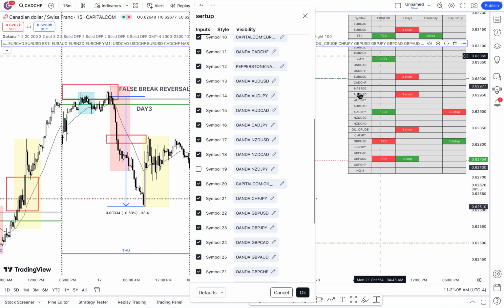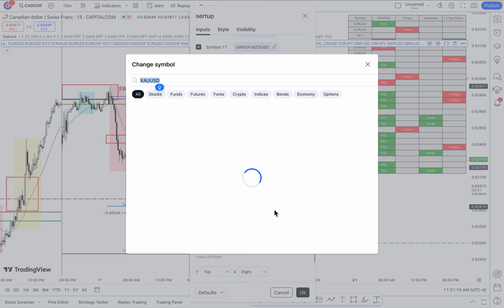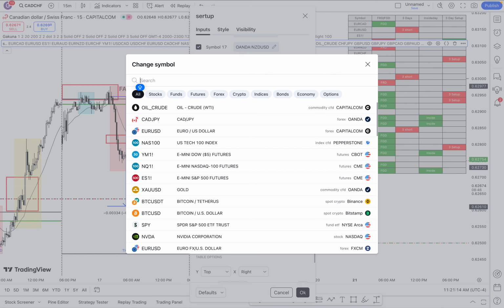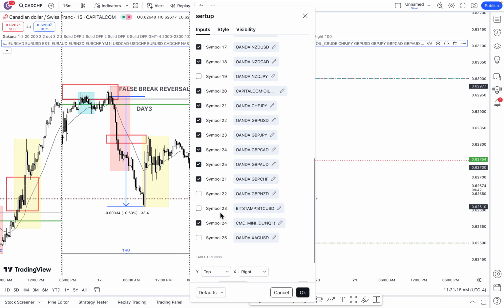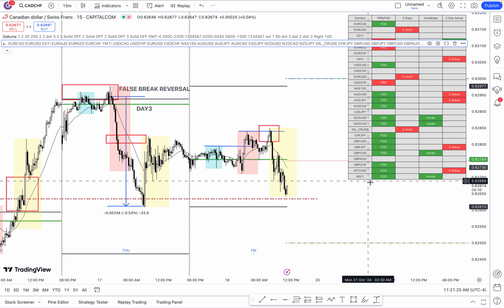You see it has been updated. If you don't trade gold, you can remove gold and put whichever market you like. You can put Bitcoin, BTC USD. Click on it and click OK. BTC USD will be added, and you can see BTC USD was an FGD and 3-day setup together.